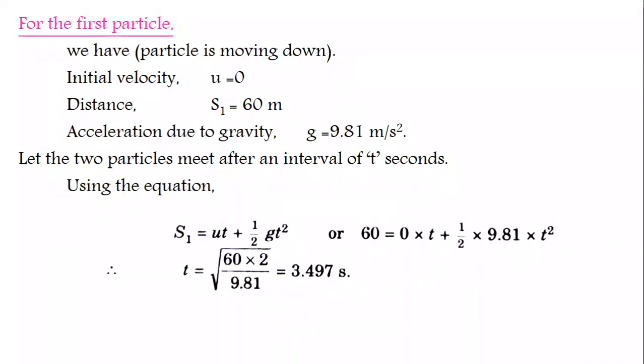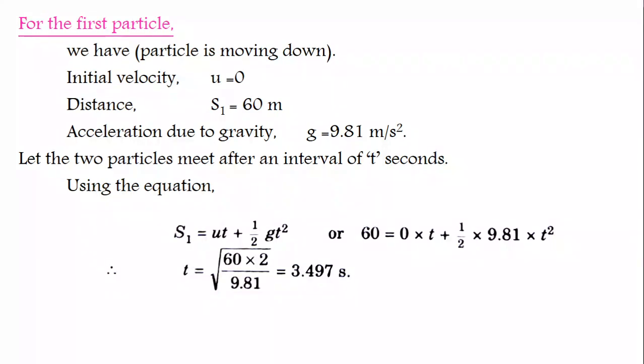The initial velocity u equals 0, the distance s1 equals 60 meters, and the acceleration due to gravity g equals 9.81 meters per second squared.